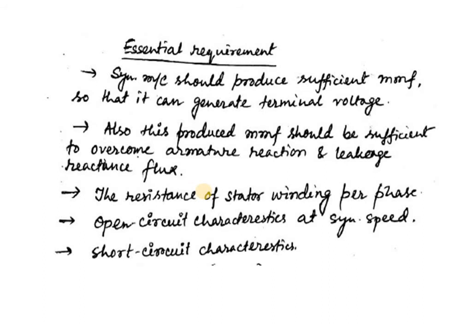Now, some information is required to predict the regulation by the MMF method. Those are: the synchronous machine should produce sufficient MMF so that it can generate the terminal voltage. Also, this produced MMF should be sufficient to overcome the armature reaction and leakage reactance flux. Thirdly, the resistance of the stator winding per phase.